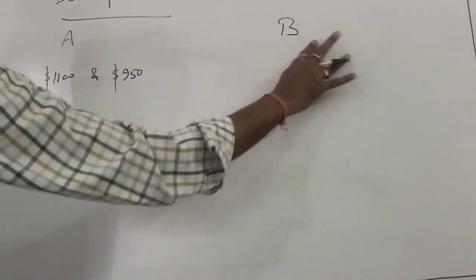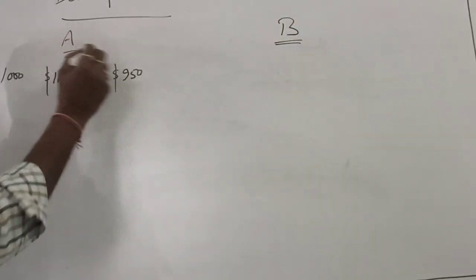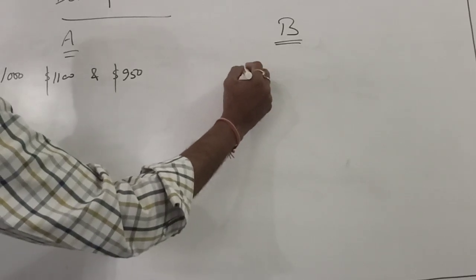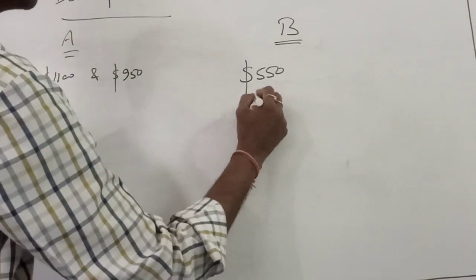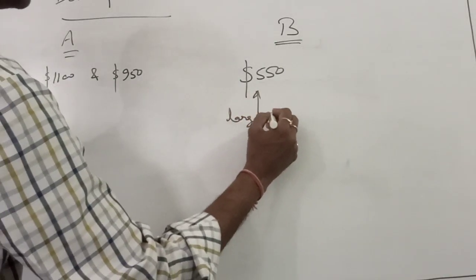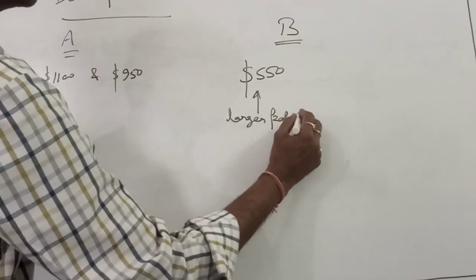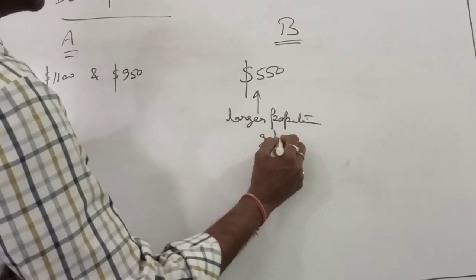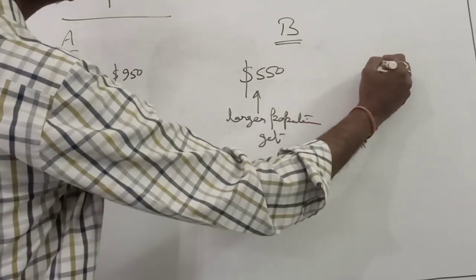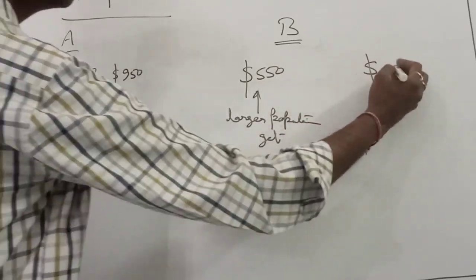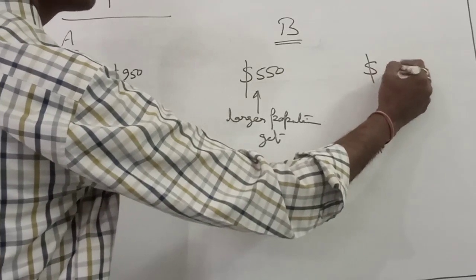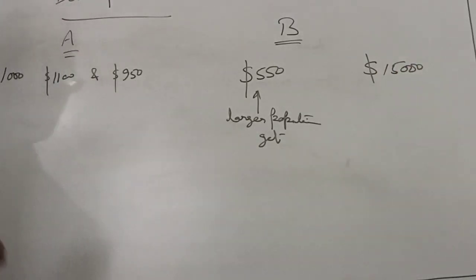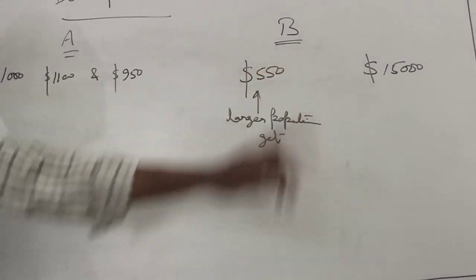And there is some other nation B where a larger population gets only $550, and at the same time a section of people are getting a salary of $15,000. So we can easily see a disparity in country B.